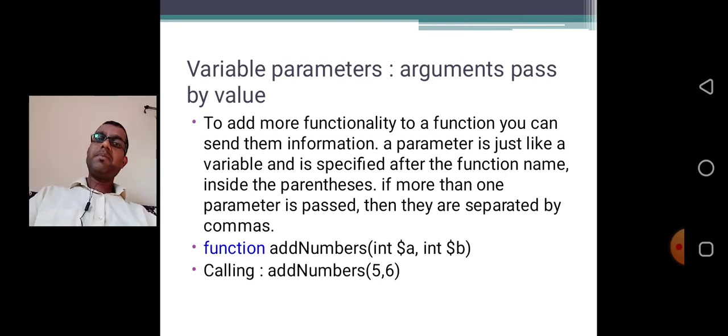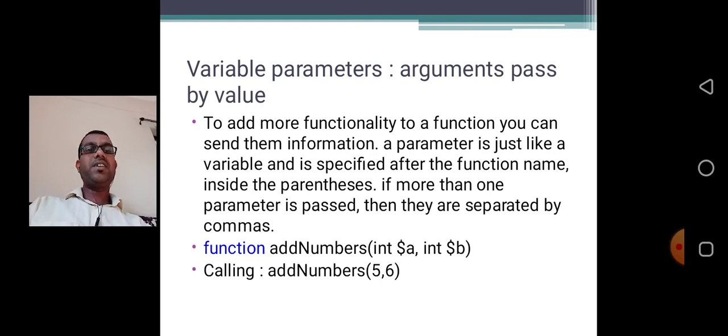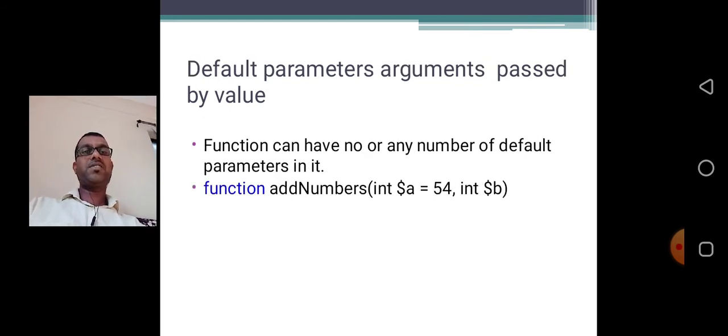If more than one parameter is passed, then they are separated by commas. For example, the function name is addNumbers, and more than one parameter is passed, that is, integer $a, integer $b. It is called just by giving its name and passing the values like 5, 6.